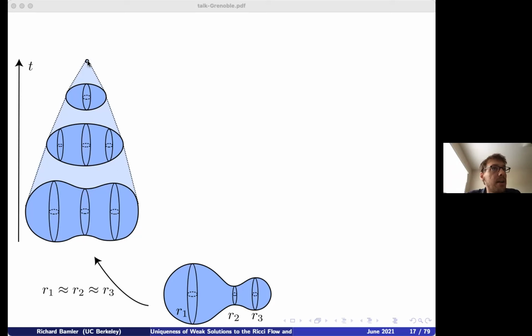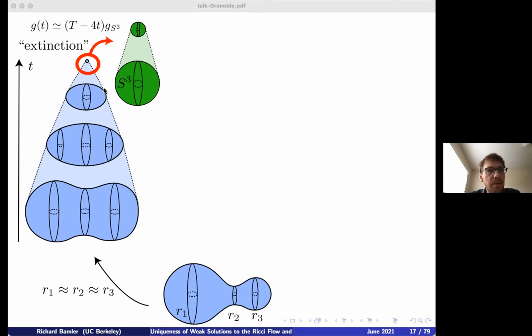If we want to know what the singularity looks like, we can rescale, magnify the singularity, and we'll see that the singularity is asymptotic, modulo rescaling, to a round shrinking sphere. This is the singularity model here. We call this case the extinction case because the manifold looks like it disappears.